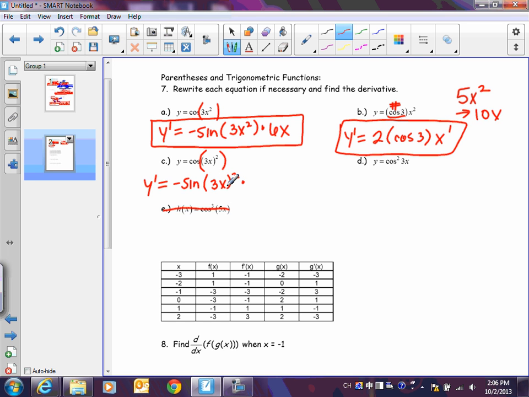Can I take the derivative of that in just one quick thing? In other words, how many functions is 3x squared? 2. So I'm going to have to do chain rule again. This is a peanut M&M, in other words. So I'm going to have to deal with the squared next.